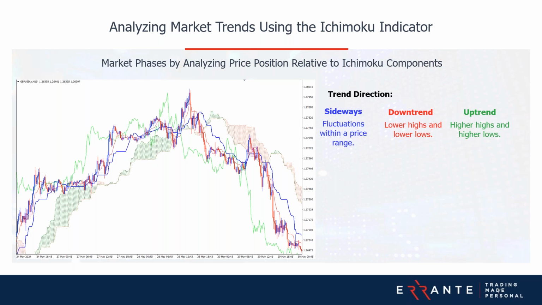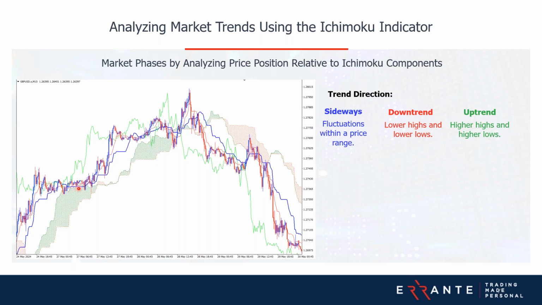This is a way we can recognize a range market like what you see here. We have a very, very thin Kumo ahead when we see the market fluctuating within a range, and the price is almost interacting with the upper boundary of the Kumo.